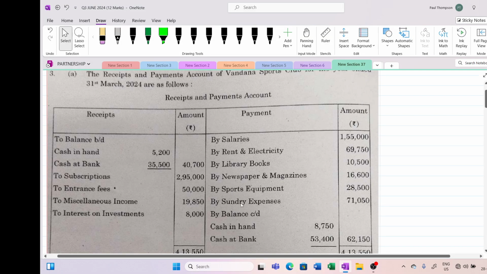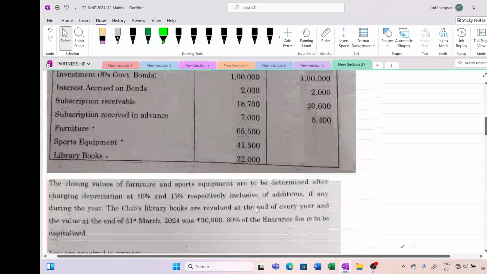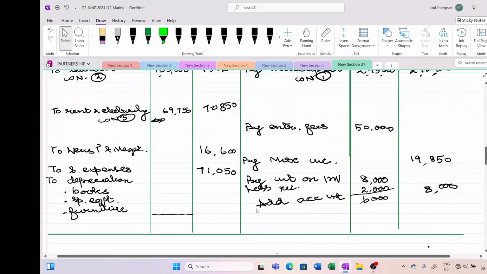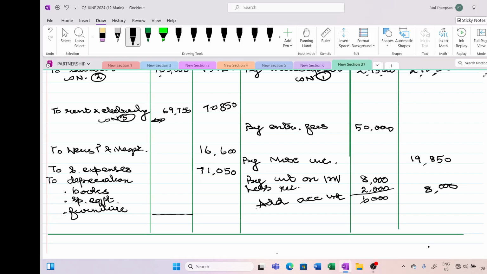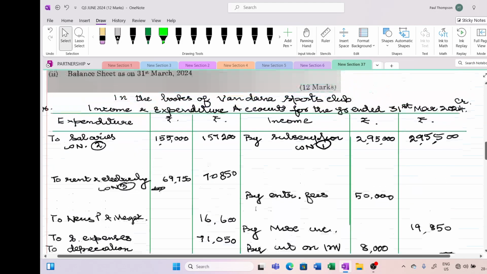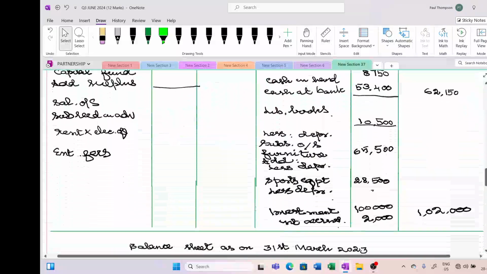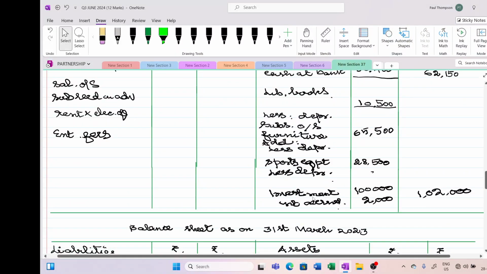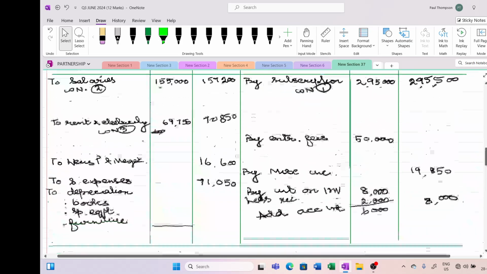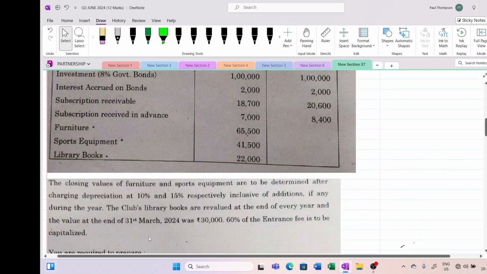Library books, sports equipment, nothing is purchased. So straight away we are going to put the amount here. Then we will see adjustment if there is anything down below. Then we will come for depreciation. Okay. So now I have written that also.